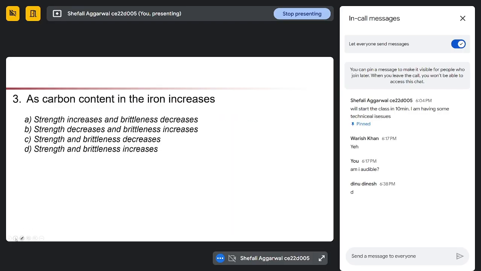Good. Third question, as carbon content in the iron increases: strength increases and brittleness decreases, strength decreases and brittleness increases, strength and brittleness decrease, or strength and brittleness increase. Any guesses?